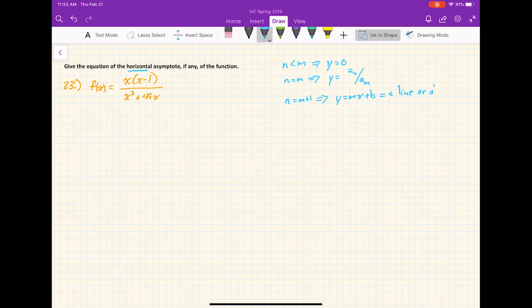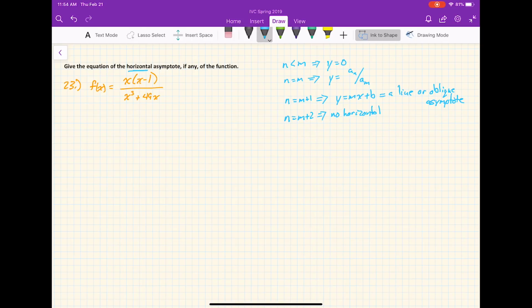So that's what that is going to be. It's going to be one of the two, asymptote, T-O-T-E. Hope I'm spelling that right. And then the third thing that we can get is n is equal to m plus 2. And that's basically just going to mean there's no horizontal or oblique asymptote.